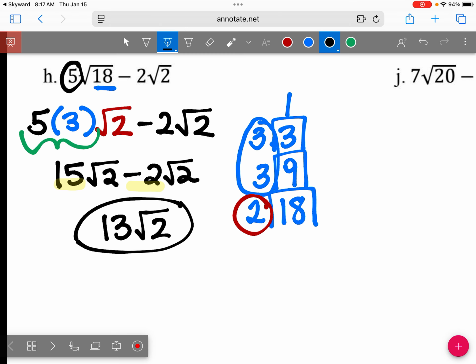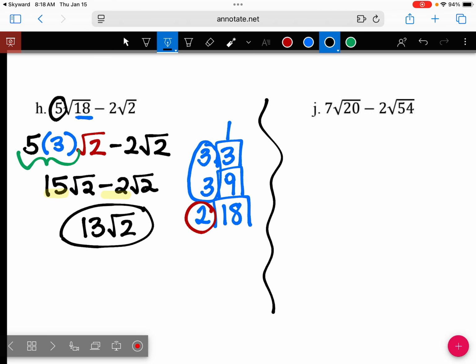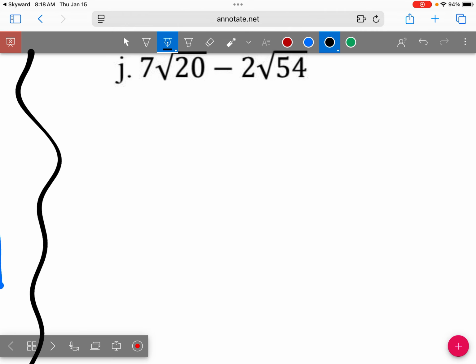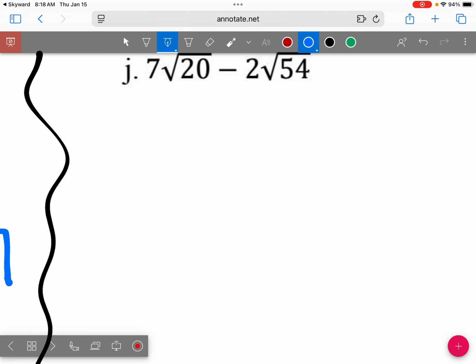Let me put that up high. Any questions? I feel like y'all doing pretty good. I really do. All right, so now let's go to J. We got to build 2 cakes, though, now. All right, go ahead and build a cake with 20 and with the 54. So go ahead and build 2 cakes. Both of those can be simplified.